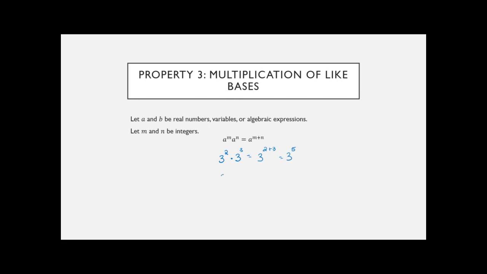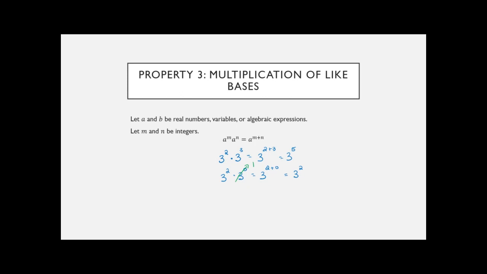This works with an exponent of 0. So if one of them was 0, 3 to the 2nd times 3 to the 0, that's 3 to the 2 plus 0, which is equal to 3 squared. And that makes sense because 3 to the 0 is equal to 1. So that makes sense, that rule applies, that works.